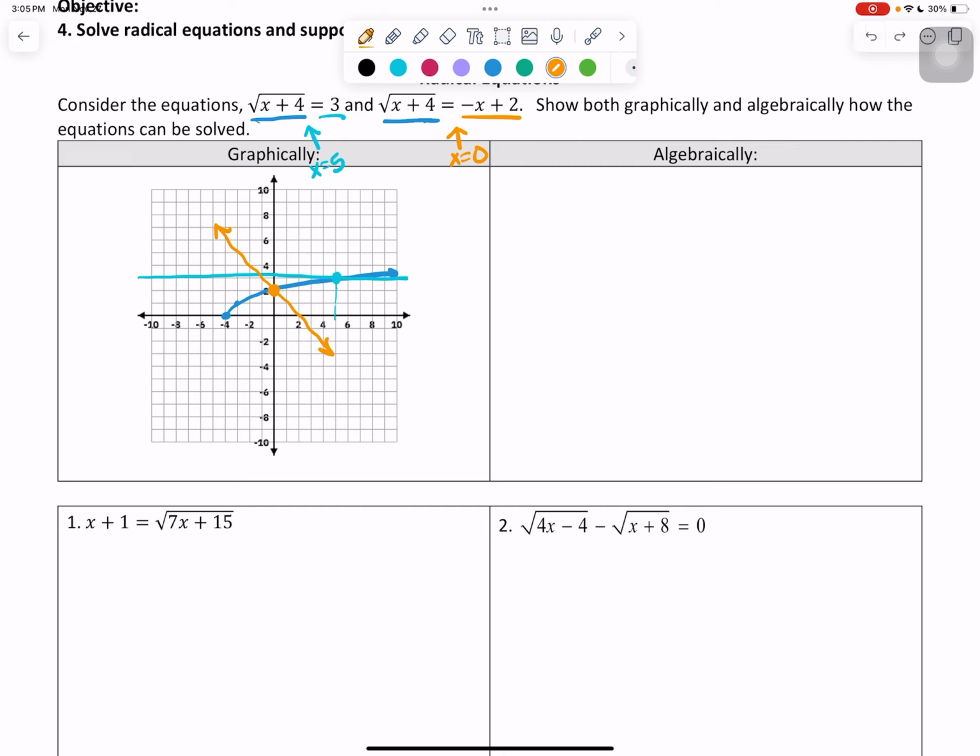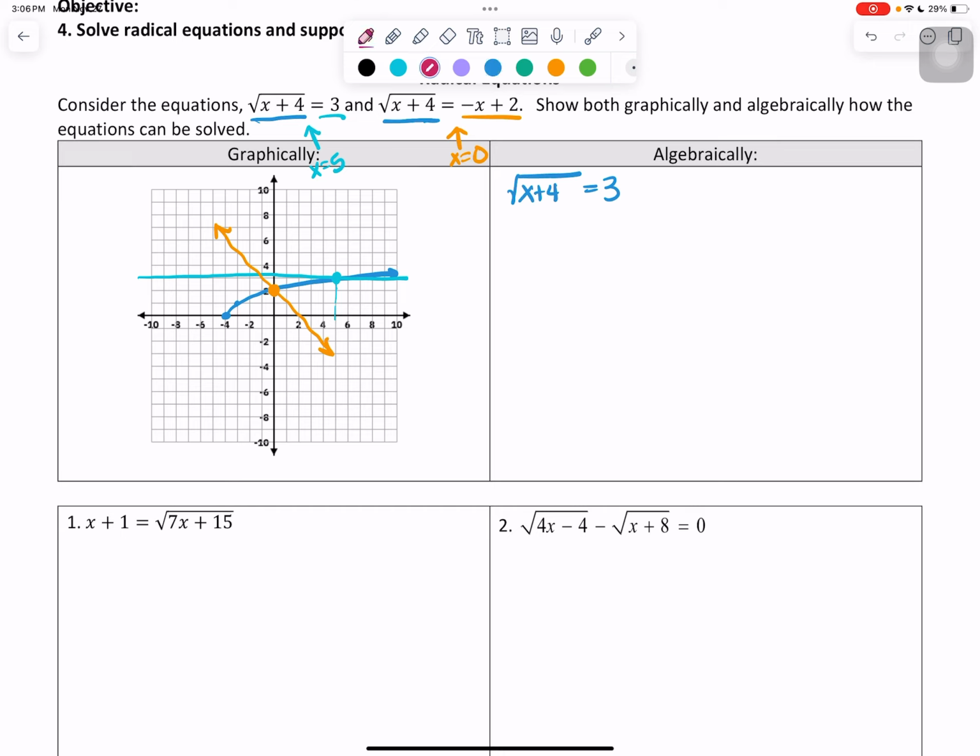So now let's solve it algebraically. I'm going to do the one on the left first. So it is square root of x plus 4 equals 3. The goal with solving these is you need to get the radical, or the root, all by itself on one side of the equation. So square root of x plus 4 is by itself.